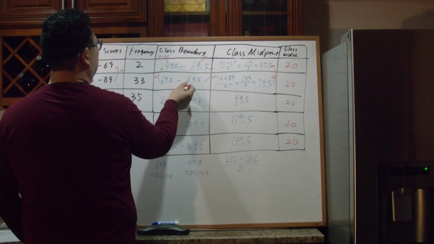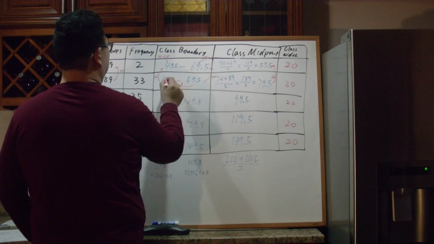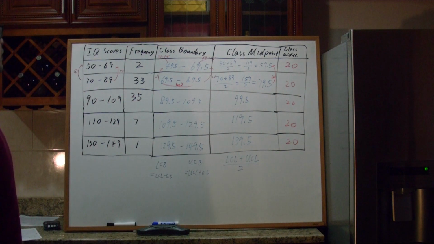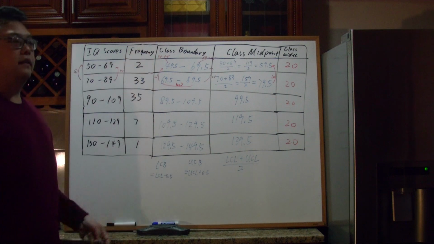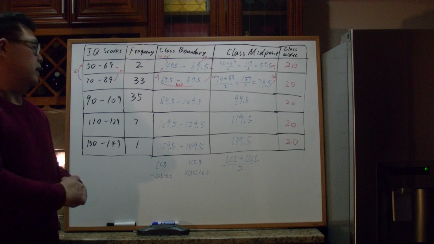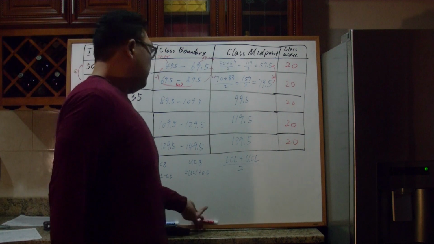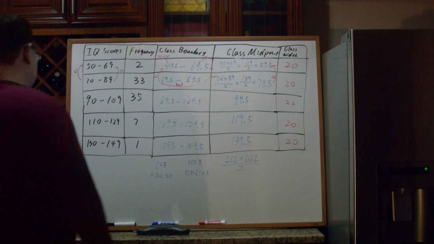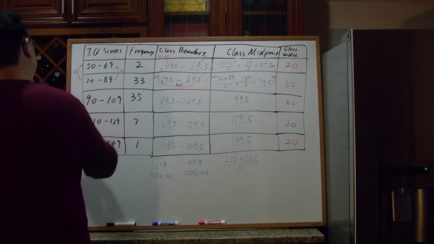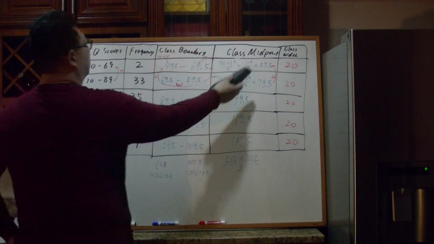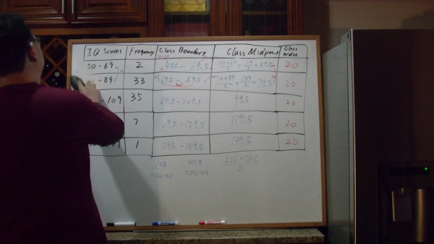Once we find the class width, it should be fixed for every class, so every class should have the same width. That's how we apply those formulas to find the boundary, midpoint, and class width.